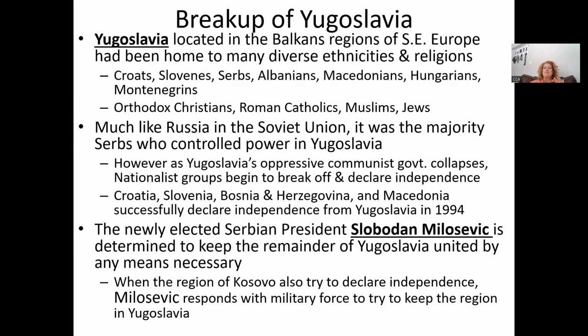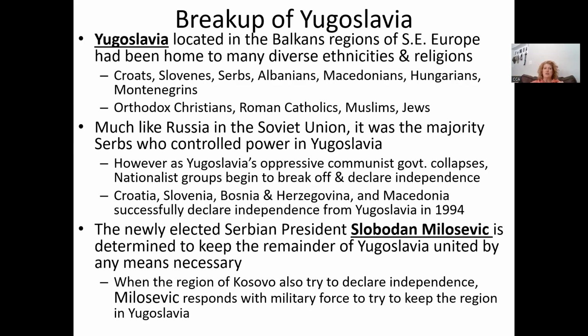So much like Russia and the Soviet Union. If you think of all the countries that the Soviet Union encompassed, your brain always thinks of Russia as the country that had control. That was the country that took over and brought all these others in.